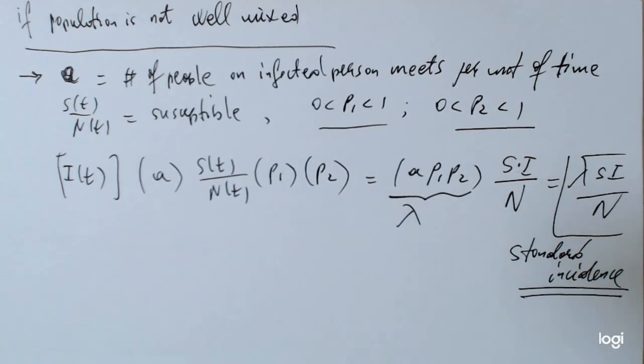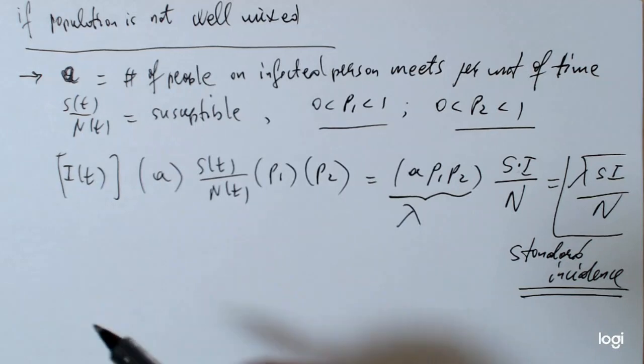I'm going to finish this part to emphasize that fancier models are usually more complicated than that, even far more complicated. It's not just standard incidence and homogeneous mixing. There are lots of versions in between.